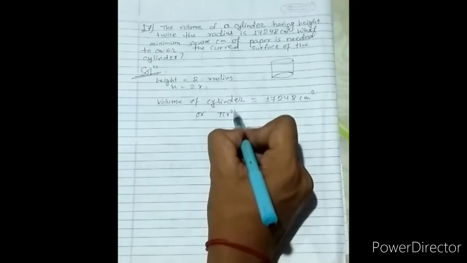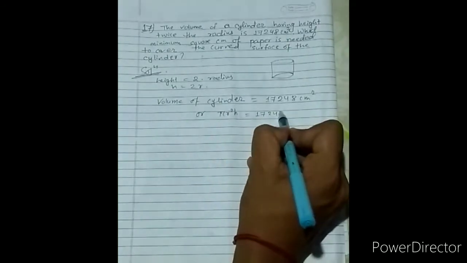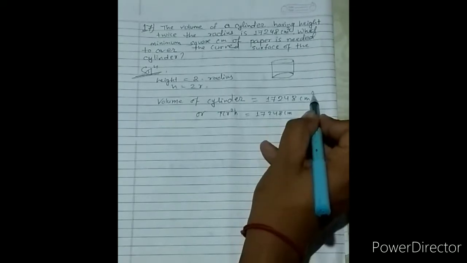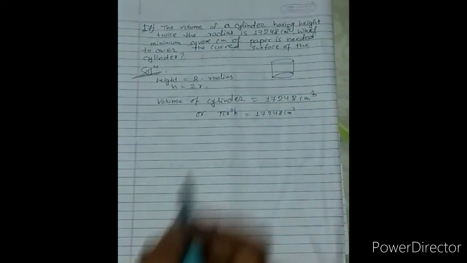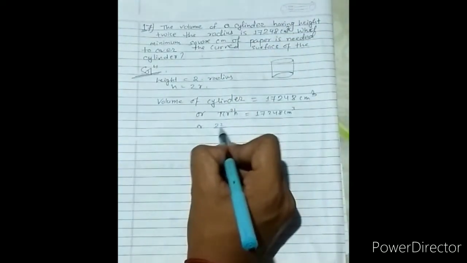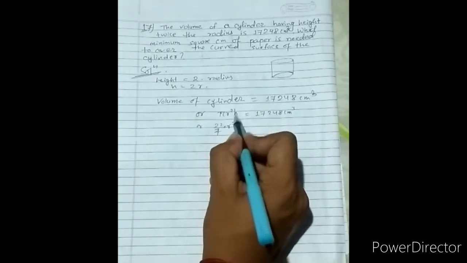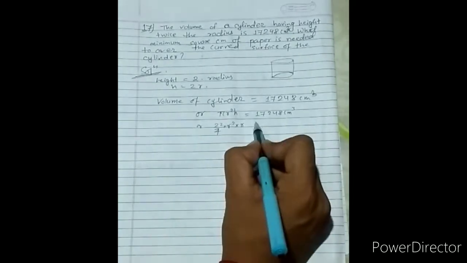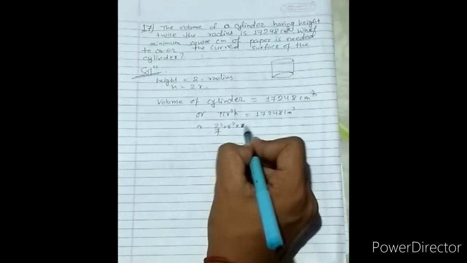Pi r square h. Because h is 2r, we can write 2r, not only r.